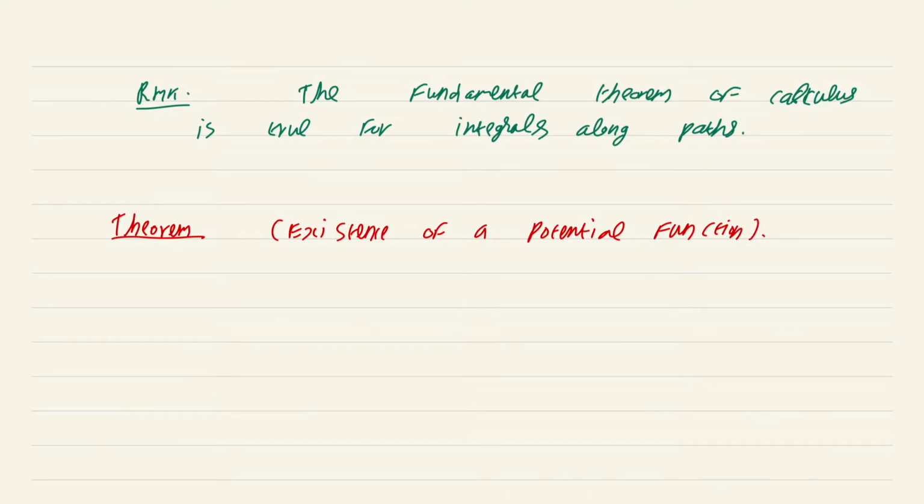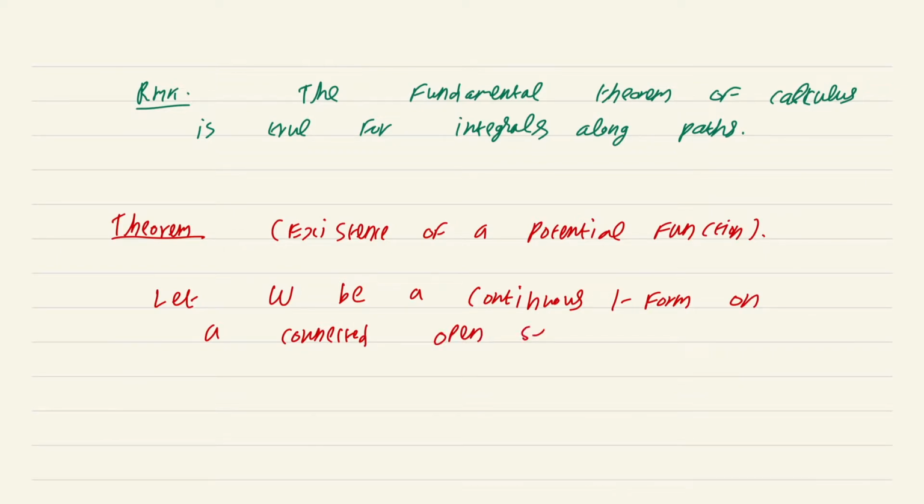The theorem is as follows: let omega be a continuous one form on a connected open set U subset of R^n. The following conditions are all equivalent.